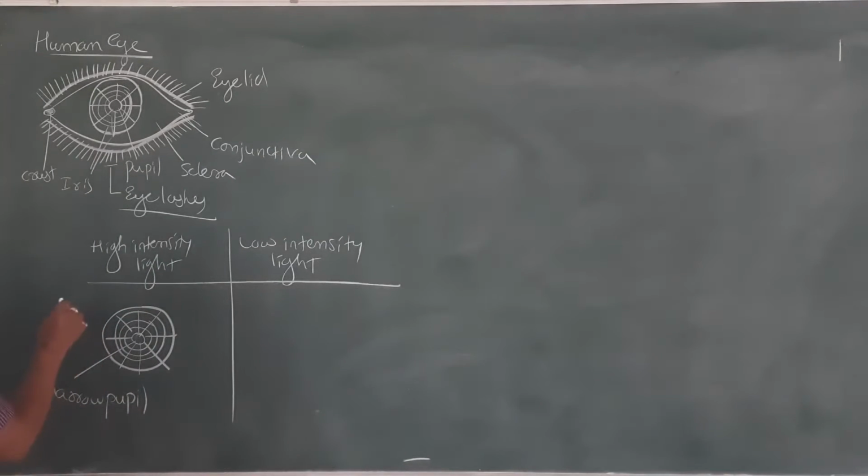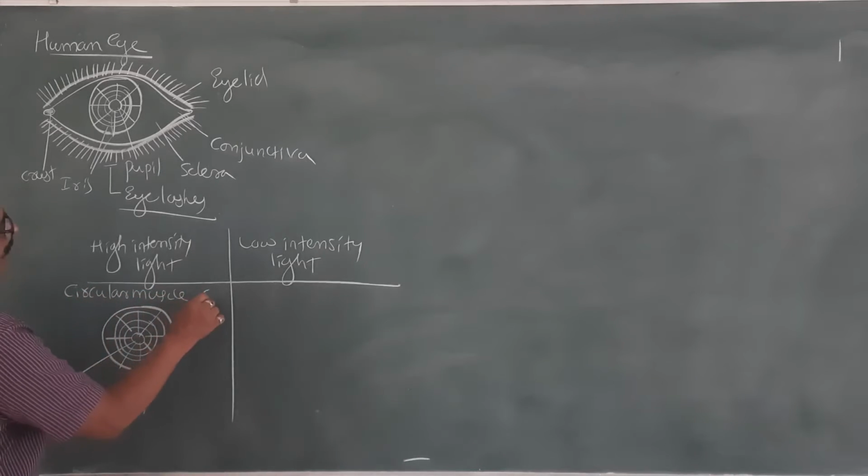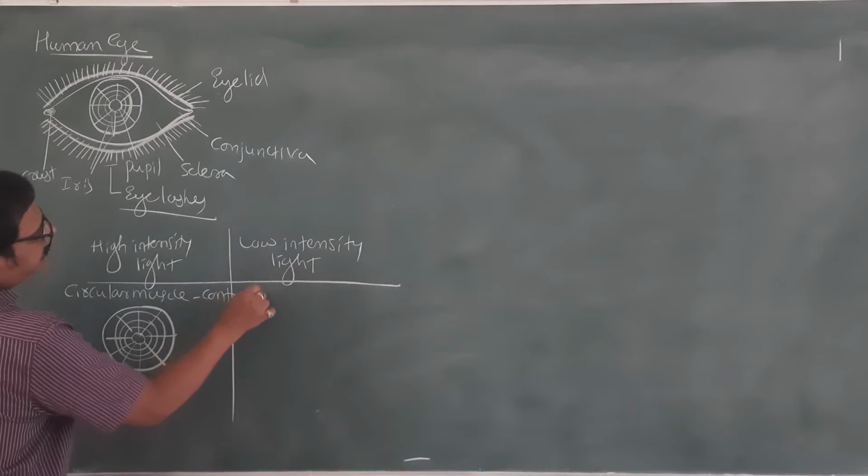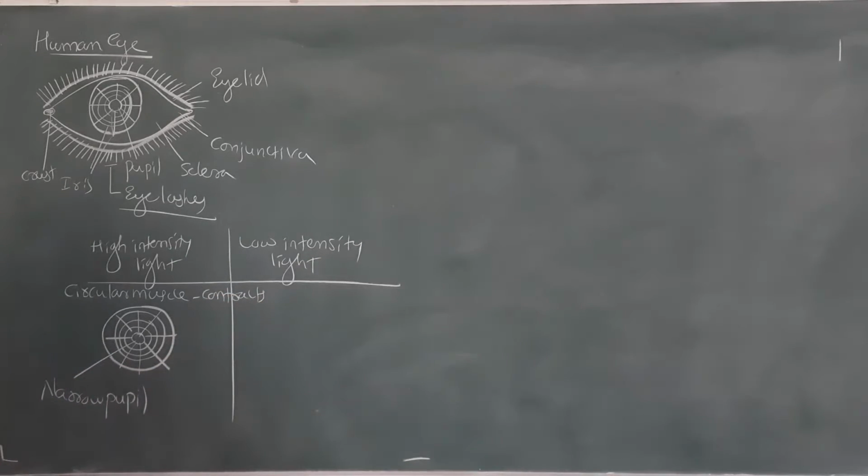You need to remember: circular muscles of the iris contract and longitudinal muscles relax. This is the condition that brings about the narrow pupil.